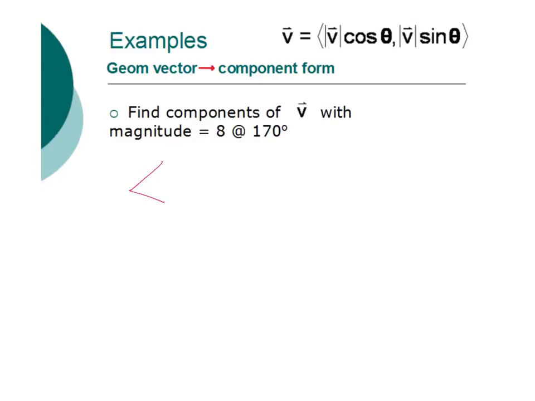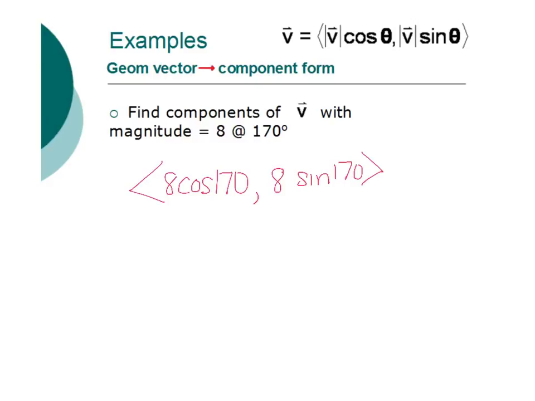I'm going to take the magnitude, which they gave me was 8, times the cosine of 170 degrees, and that's going to be your horizontal component. And then I'll do it again, 8 times the sine of 170, and that's going to be your vertical component. So let's go to our calculator.